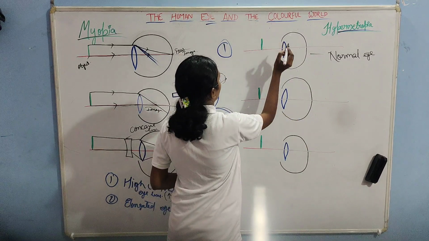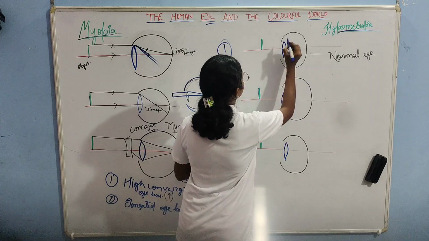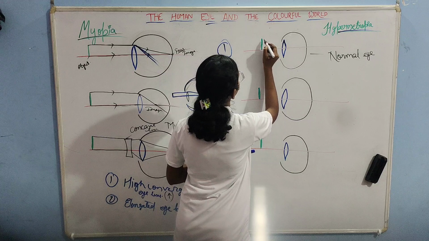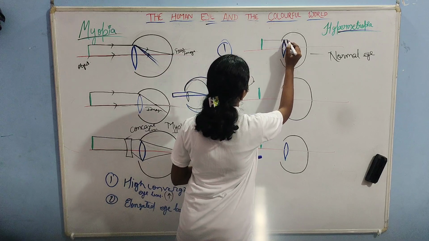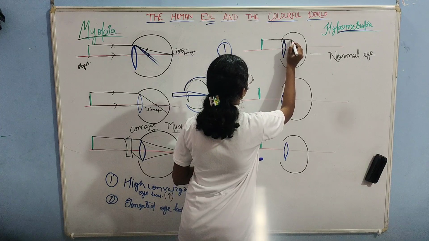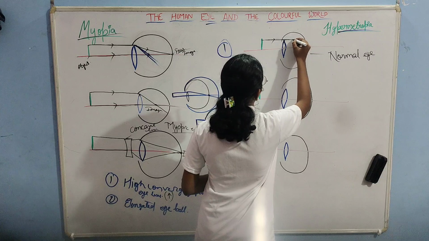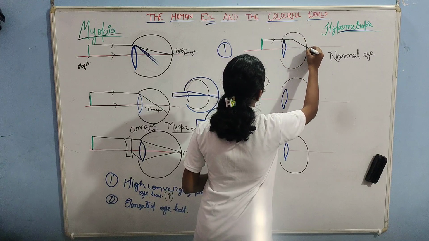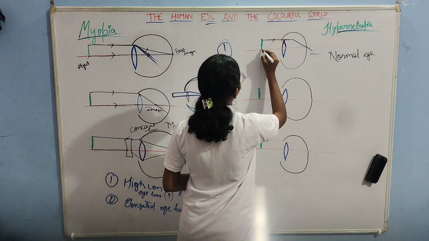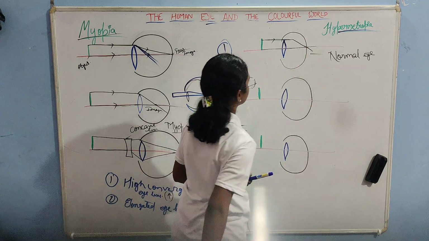So the light rays will pass through this and get converged here. And the next ray will pass through, and the image will form here.